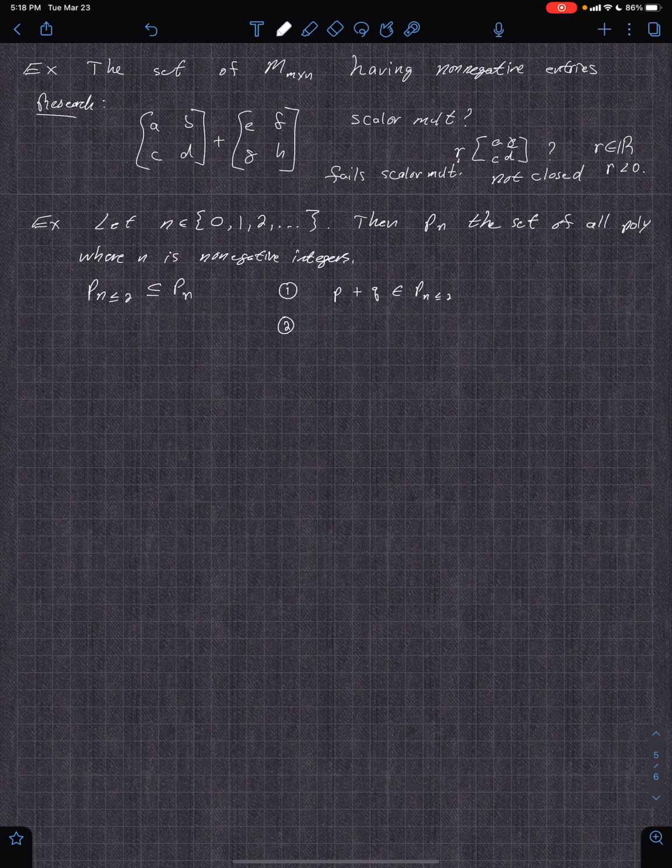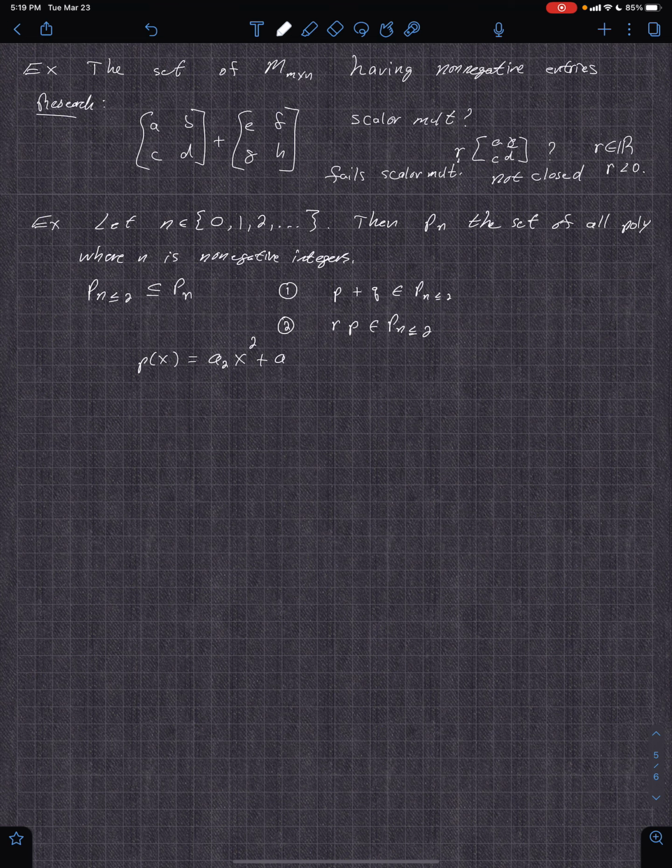And then second, you want to be able to show that a scalar multiple stays in the set. So you can be more careful about that by choosing two polynomials like this and then showing each case.